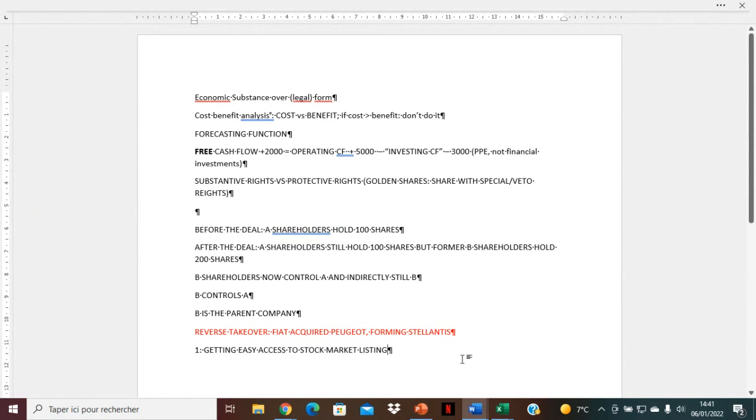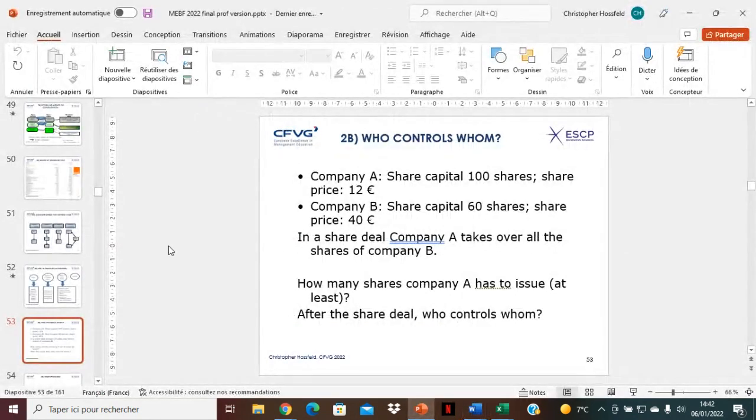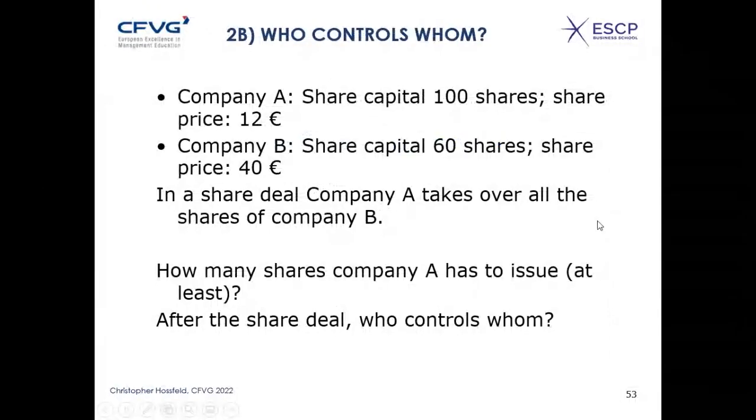Why is that? Well, imagine company A is an American company and company B is a Vietnamese company. And the Vietnamese company wants to be listed in New York because it's the biggest stock market in the world. Now the solution for the Vietnamese company B would be to go to New York and file for a listing.